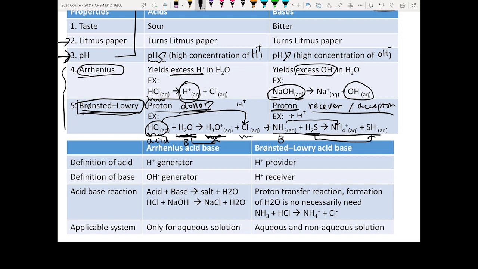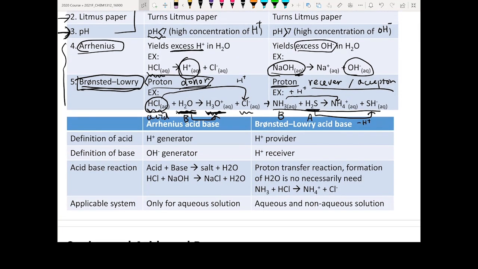It is losing a proton, right? So this is a proton donor. Therefore, H2S is an acid. It is very important that if I give you equations, you compare your reactant and product and define the acid and base inside your equation. This is one of the first things that you need to learn for this chapter.